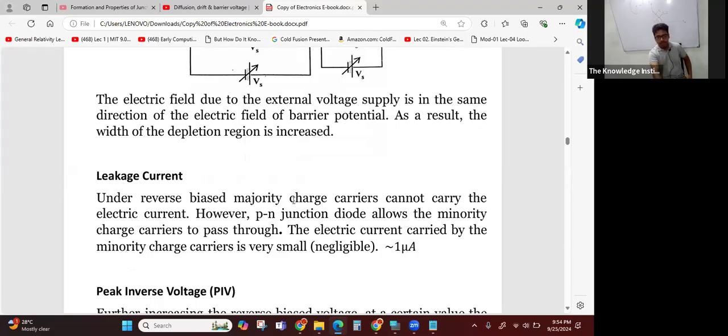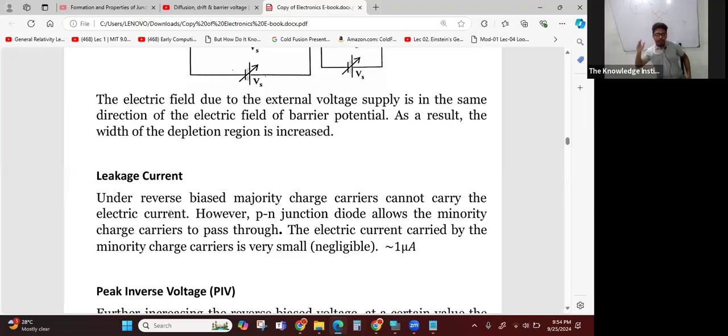Under reverse bias, majority charge carriers cannot carry the electric current. However, the PN junction diode allows the minority charge carriers to pass through. The electric current carried by the minority charge carriers is very small, negligible, in the range of microamperes. That is known as the leakage current.